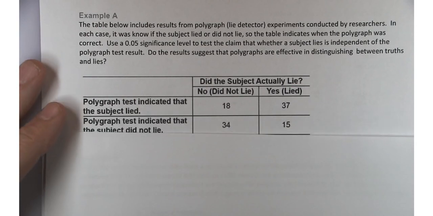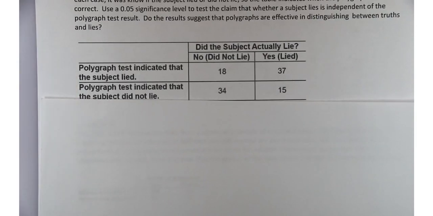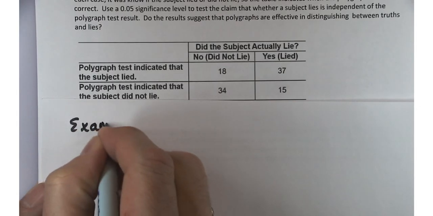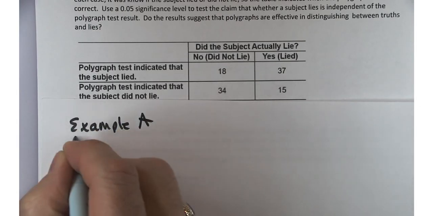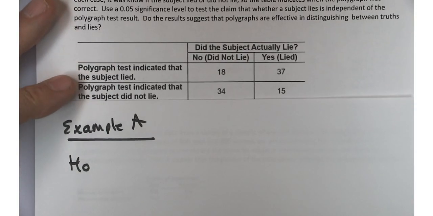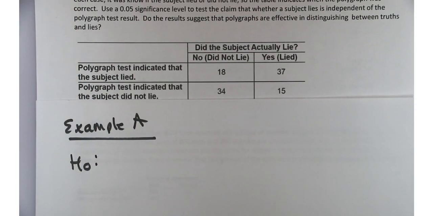Okay, so let's start out with example A here. Your null hypothesis is always going to be that these two variables are independent. Give me something more descriptive than the row and column are independent. I will not take kindly to that on an exam.